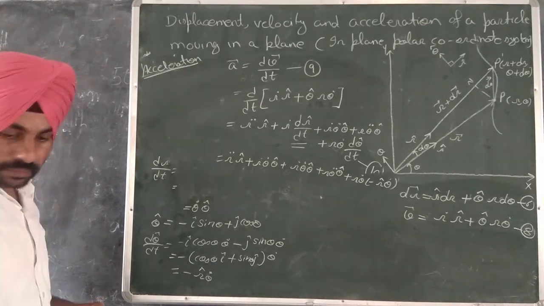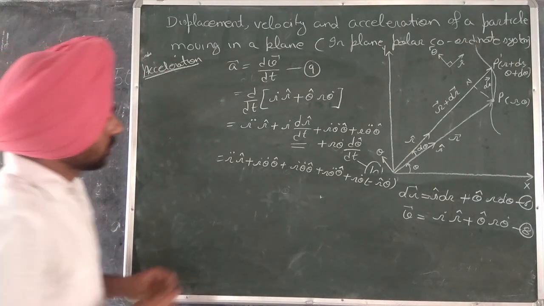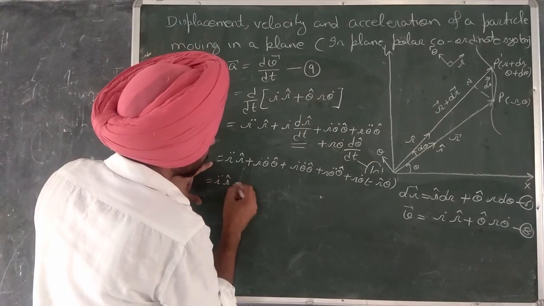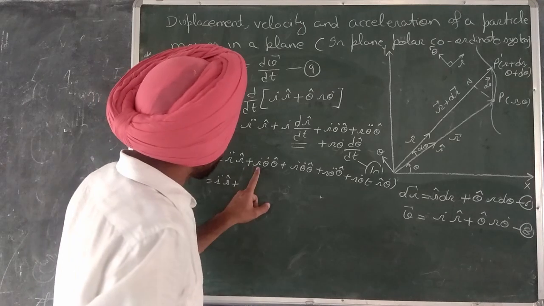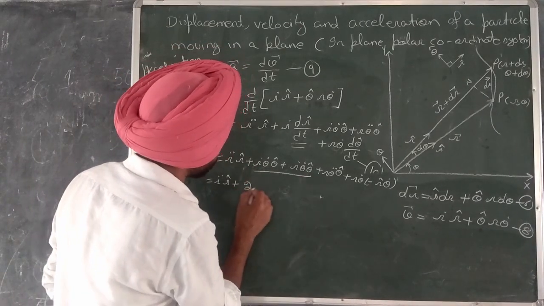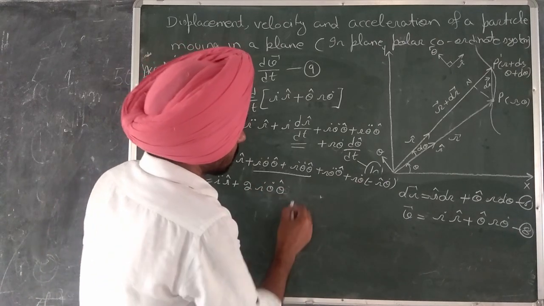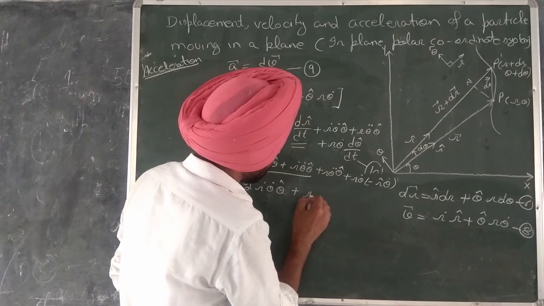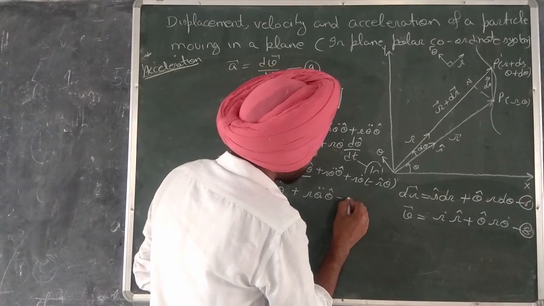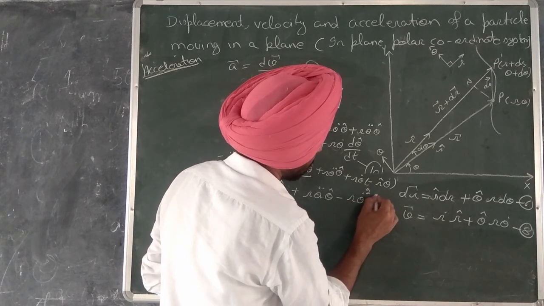So by simplifying this equation we will get it as r double dot r cap plus r dot theta cap, so we can write it as 2 r dot theta cap plus r theta double dot theta cap minus r theta dot square into r cap.